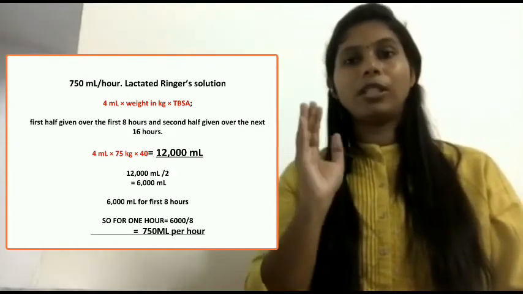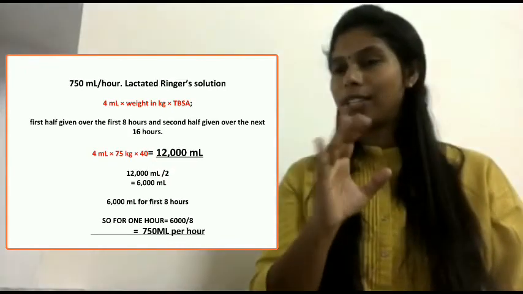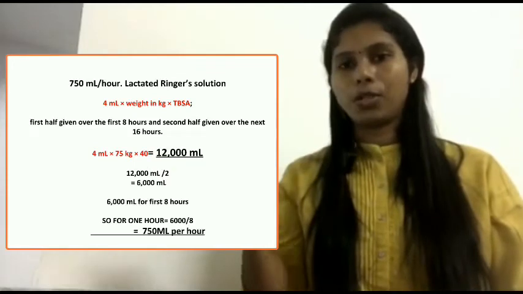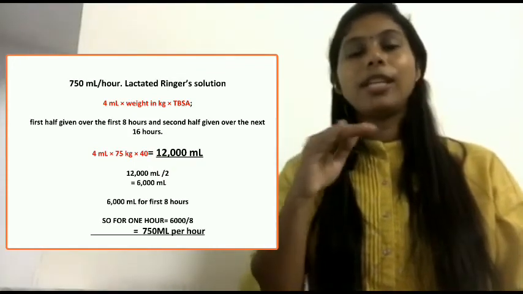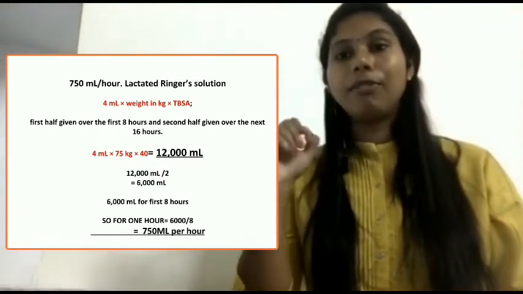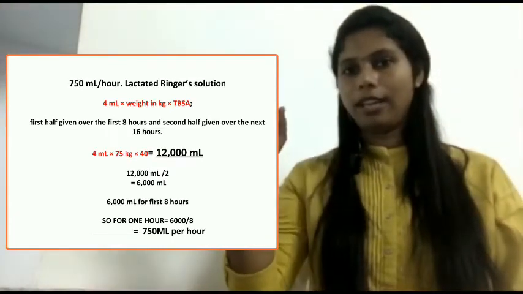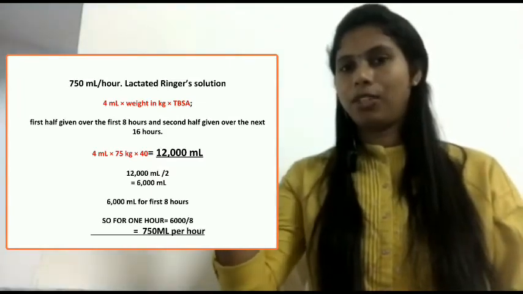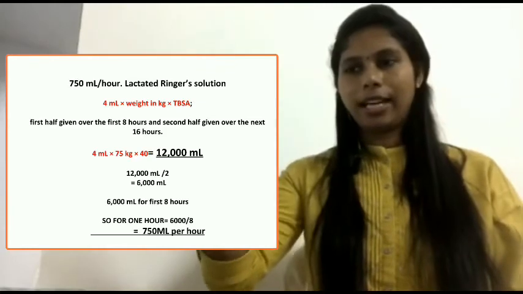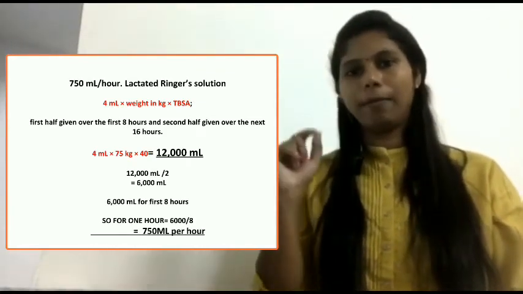The half of this 12,000 we should infuse within the first 8 hours. So half of 12,000 is 6,000. Then we divide the 6,000 by 8 and we get 750 ml per hour. Check: 750 into 8 is 6,000. You can see the slide, where I mentioned how the calculation works and how you get the ml per hour.